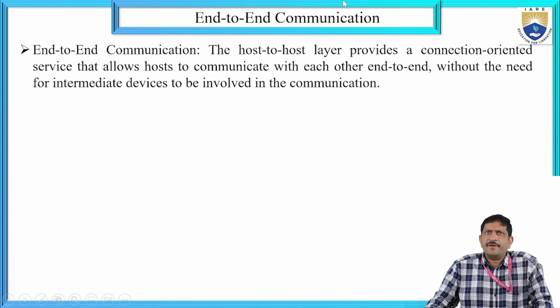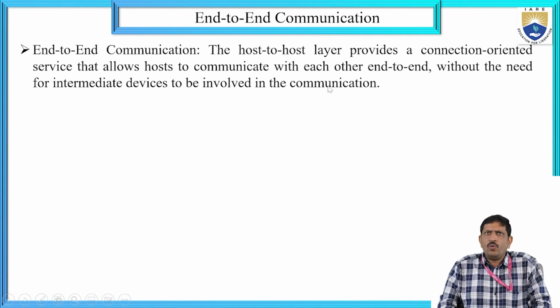End to end communication. The host to host layer provides a connection-oriented service that allows the hosts to communicate with each other end to end, that means system to system, without the need for intermediate devices to be involved in the communication.